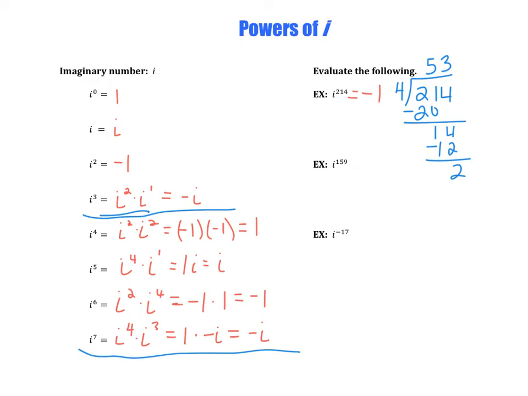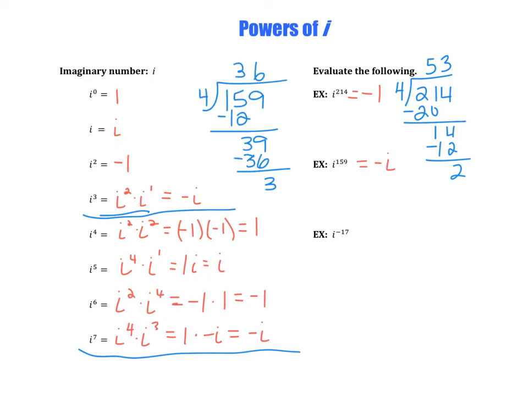But if you're going to use this method, you need to know this pattern and show your long division, and then you can come up with your final conclusion here, tying the remainder into the exponent. So pause the video and try the next one on your own, and when you're done, restart the video and see if you got the answer correct.